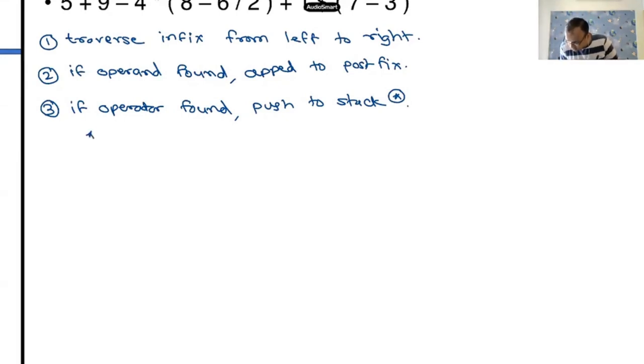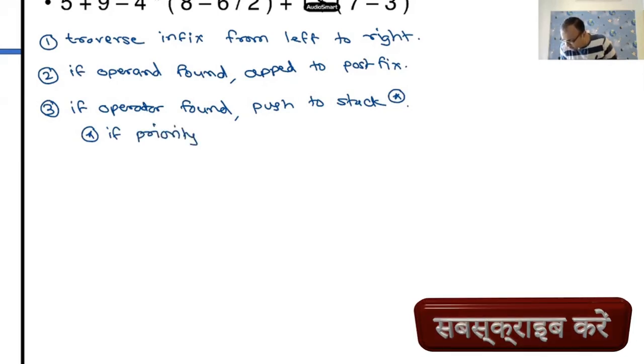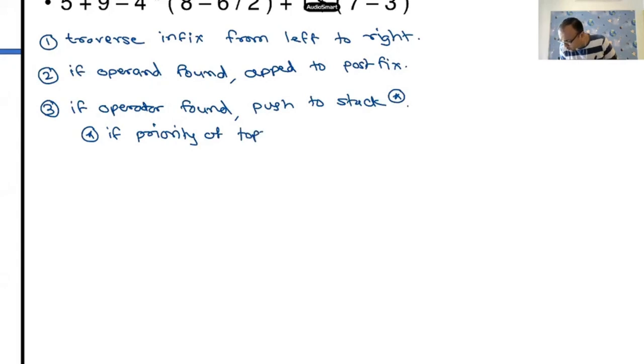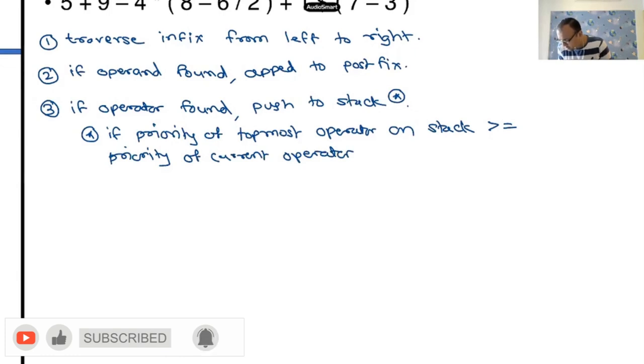The condition over there is if priority of topmost operator on stack, topmost operator meaning we are talking about the peek operation. So if priority of the topmost operator on the stack is greater or equal to priority of current operator.